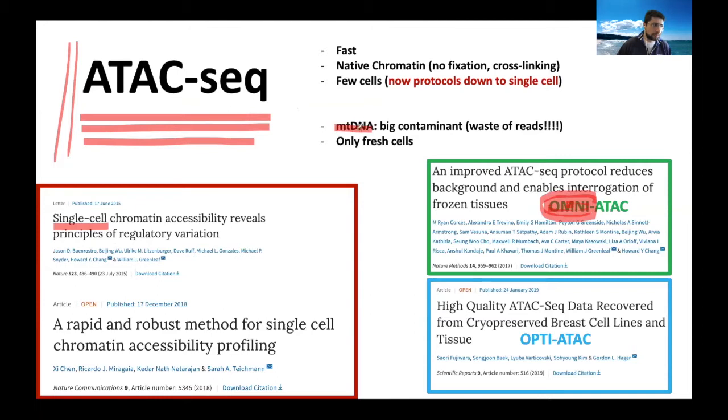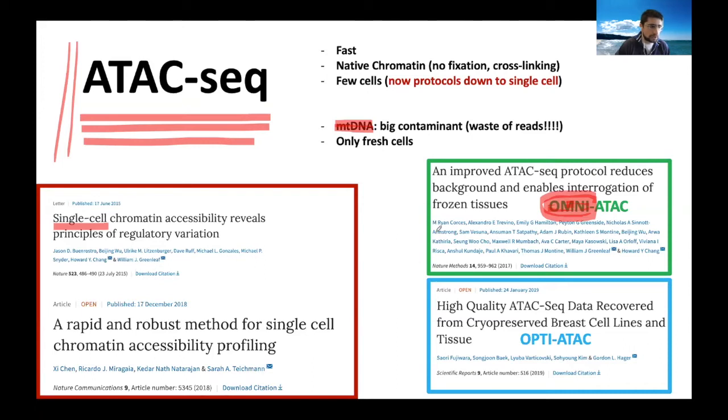Okay, mitochondrial DNA with the original ATAC library preparation was a big issue. Depending on the type of cell that you're performing your experiment on, it can vary between 40 to 80% of the reads. And usually nobody cares about mitochondria. They're not supposed to have chromatin anyway, so usually you don't assess the chromatin status of the mitochondria with the transposase.